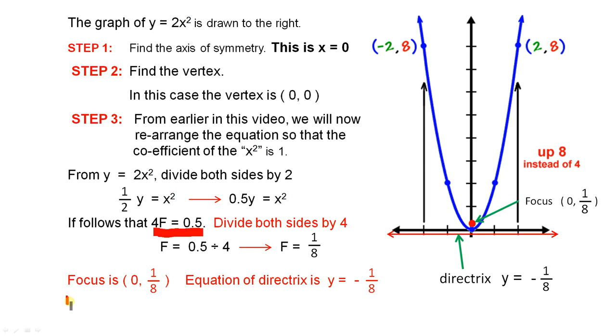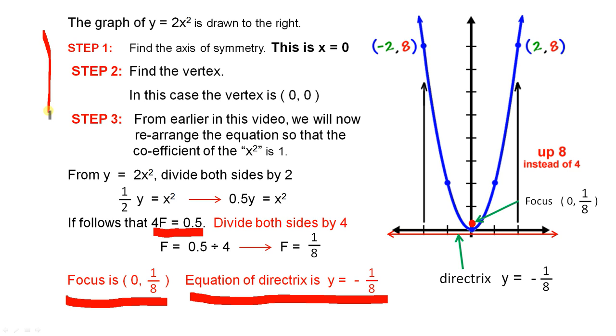So the focus is 0, 1 over 8, and the equation of the directrix is y equals minus 1 over 8. So if you carefully follow these steps, you will always be able to find the focus and the directrix.